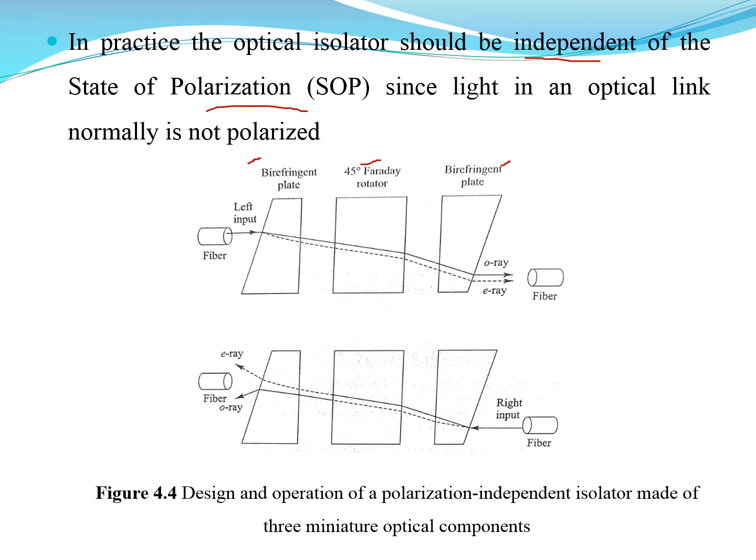One is termed the O ray, which is the ordinary ray, and the other the E ray, which is the extraordinary ray. This is the normal way of light entering the pipe.